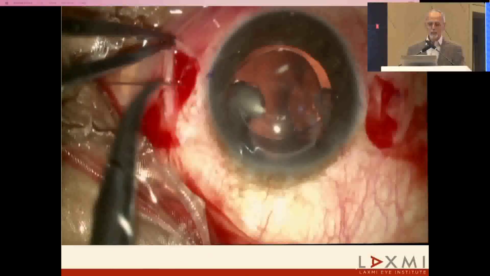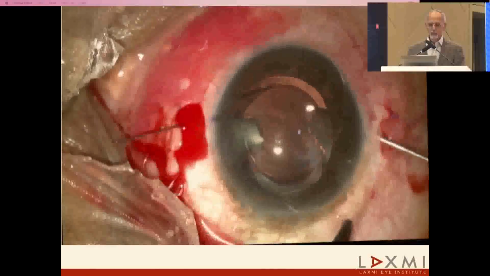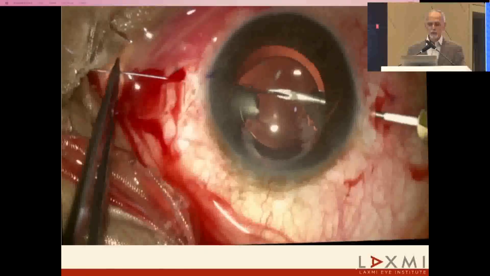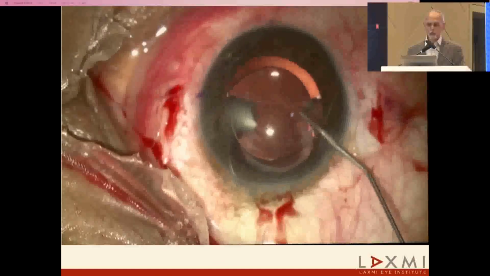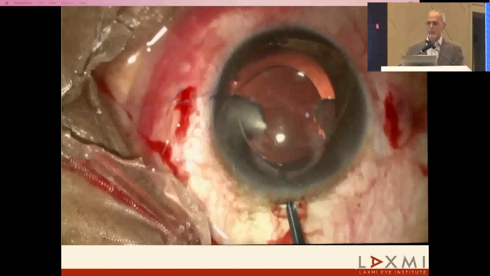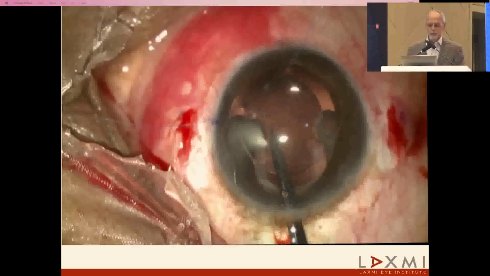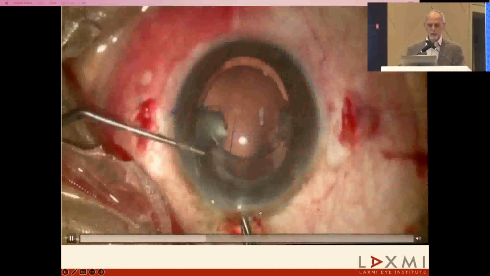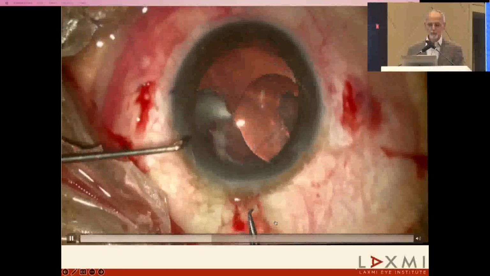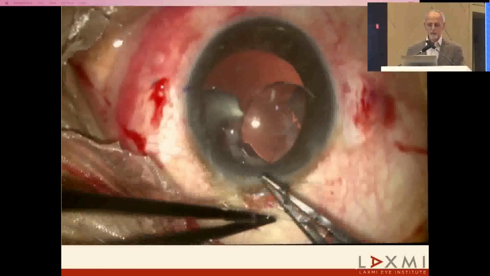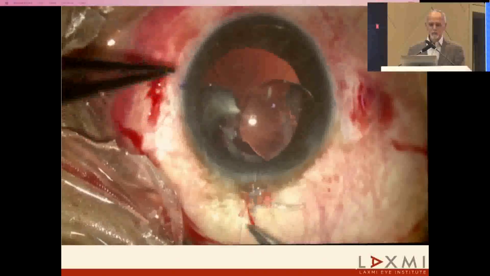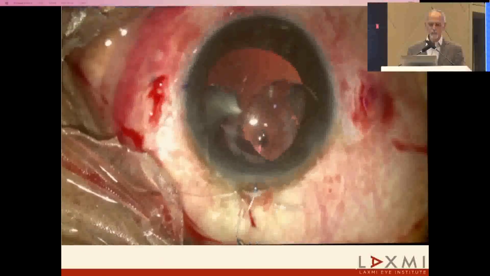You can get a suture and try to get the suture outside through the main opening, and try and dial the lens where the haptics come out of the wound, get the suture out, tie it, and repeat the same thing on the other haptic.